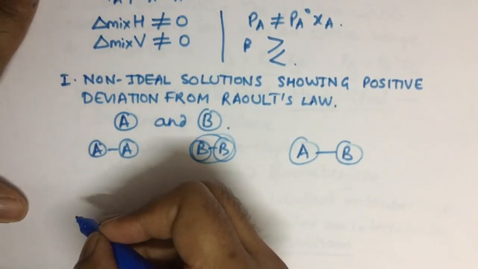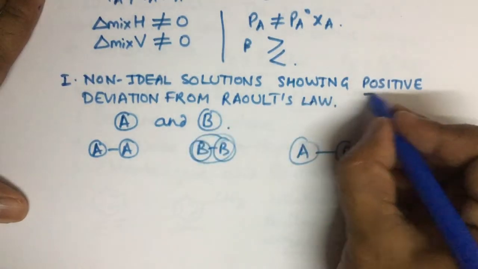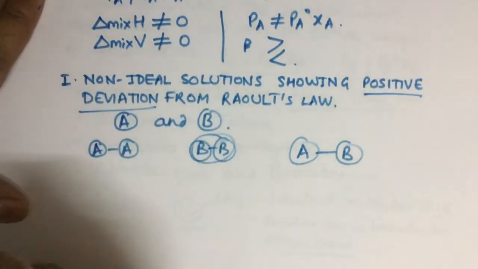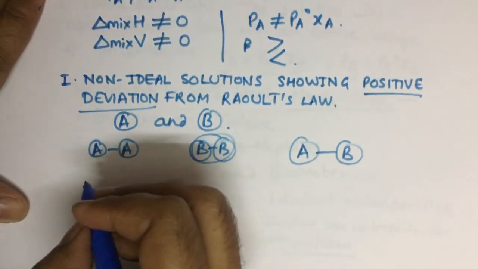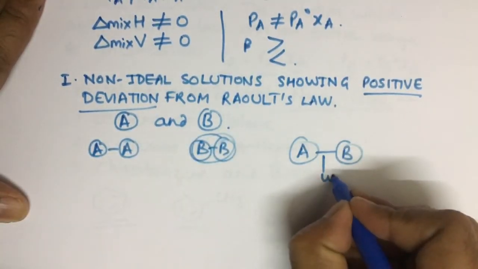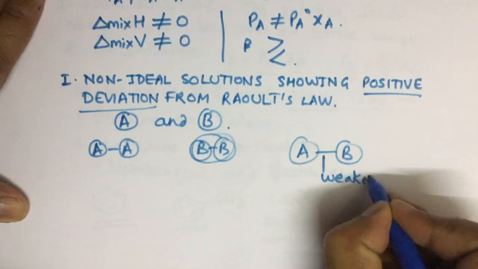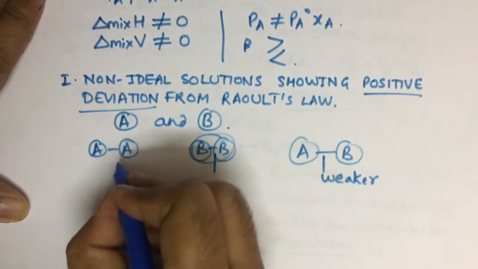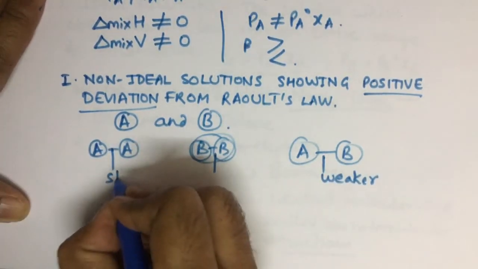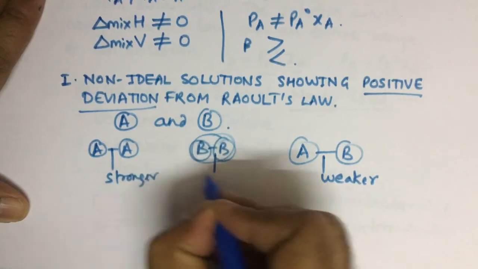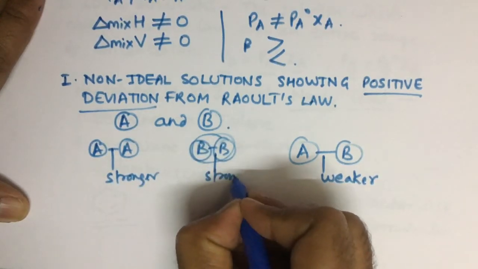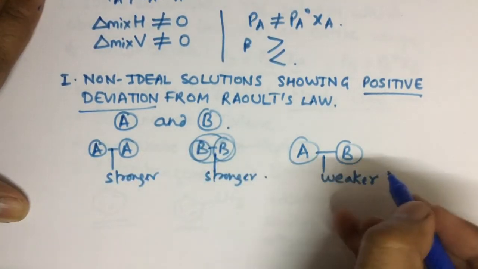Now in the solutions showing positive deviation from the Raoult's law, the AB interaction is weaker than AA and BB. AA and BB interactions are stronger, whereas AB interactions are weaker.